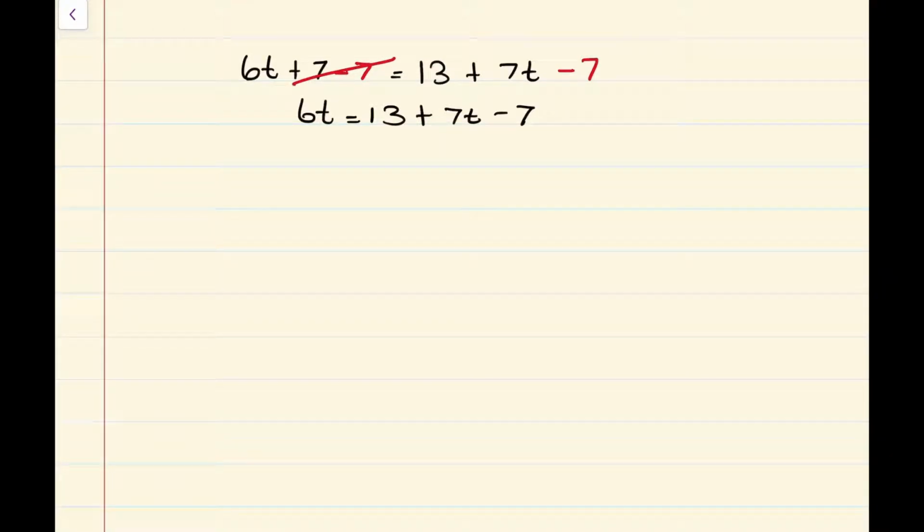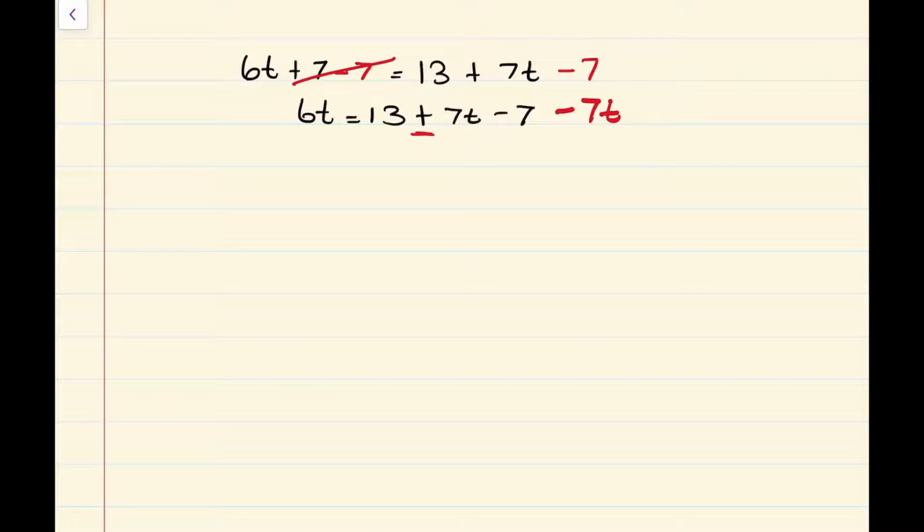Okay, so the next step would be to bring this 7t over the equal sign with the 6t, so that we would be able to have everything on the same side of the equation that are similar to each other. So to take the 7t over the equal sign, we would just subtract 7t from this side of the equation, because if you look here, 7t is being added over here.